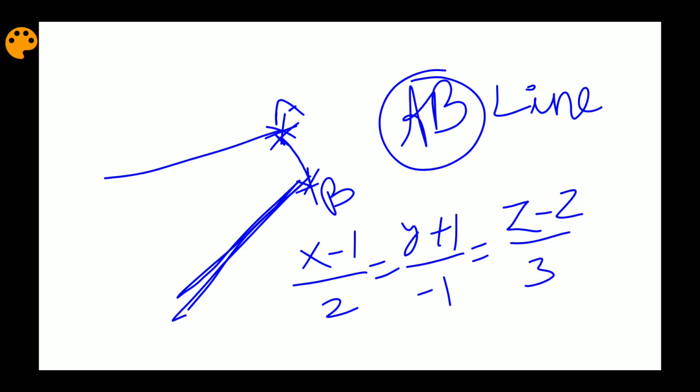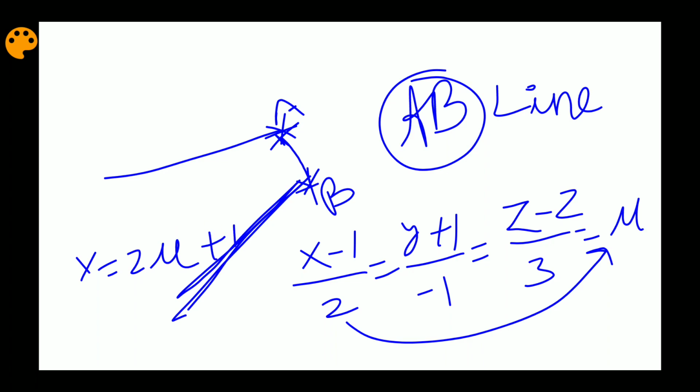So you will put this equal to mu or lambda, whatever you may take. Then x comes out to be 2 mu plus 1, y comes out to be minus mu minus 1, and z comes out to be 3 mu plus 2.